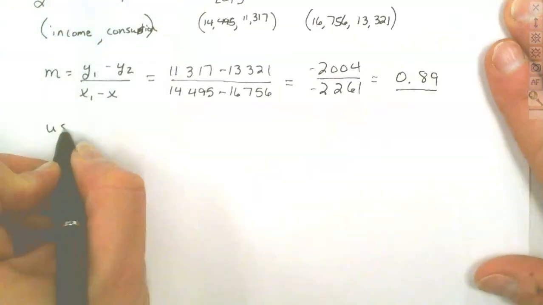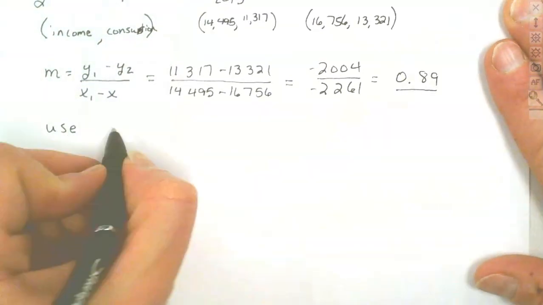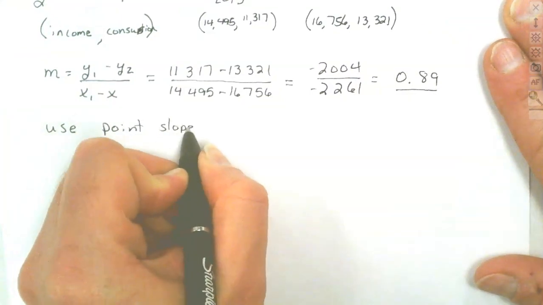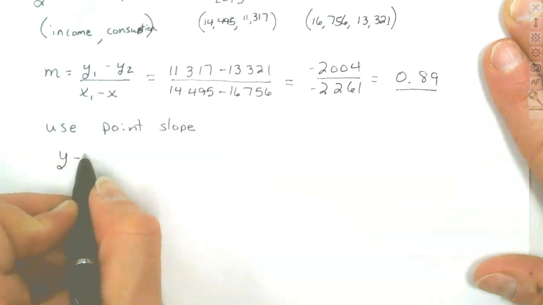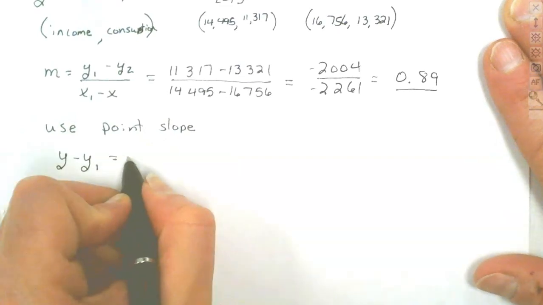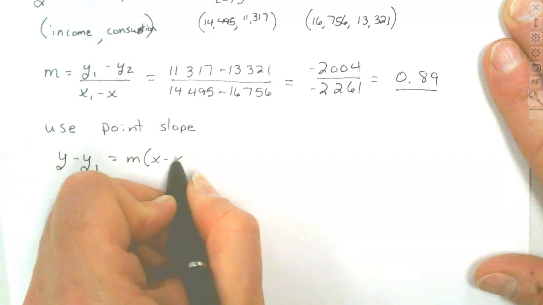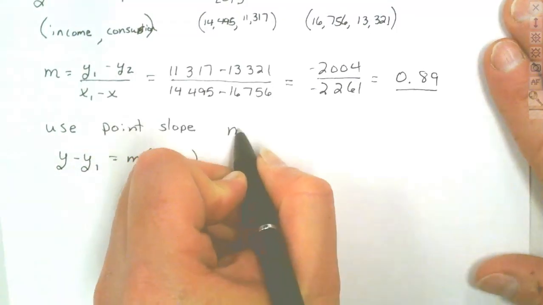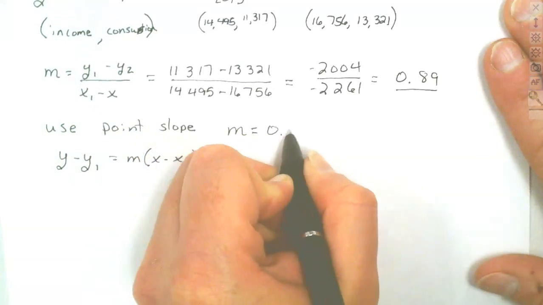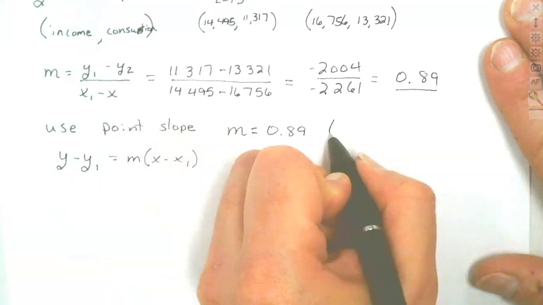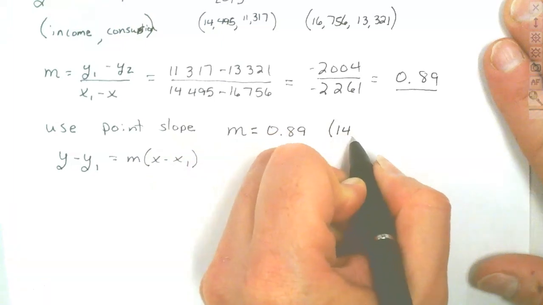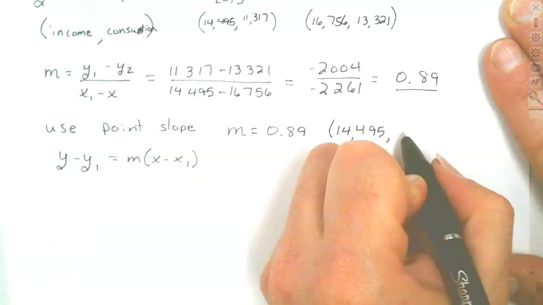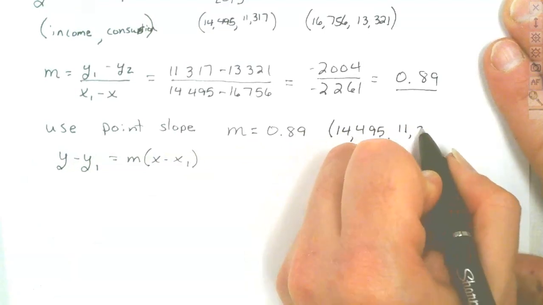So now we're going to use point slope. And that's y minus y1 equals m times x minus x1. We're going to use that slope of 0.89, and we use our first ordered pair, which is 14,495 and 11,317.